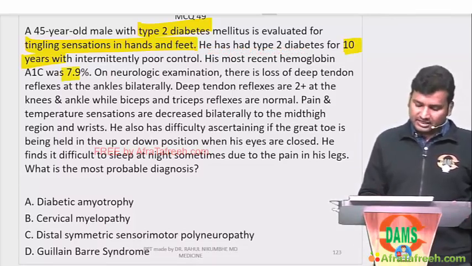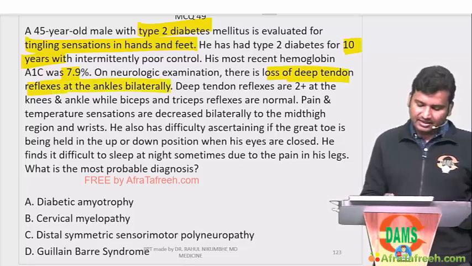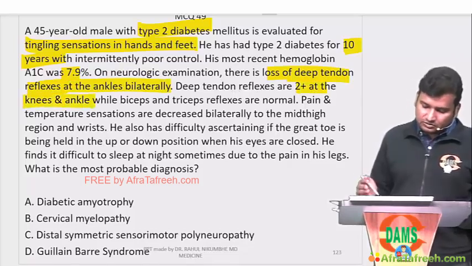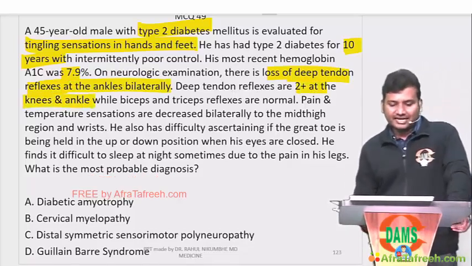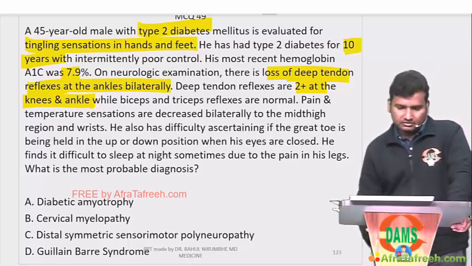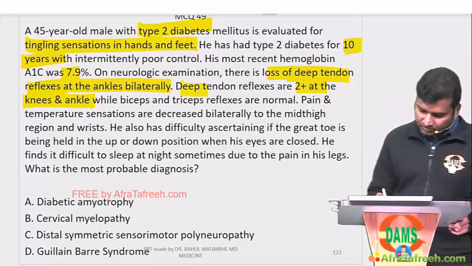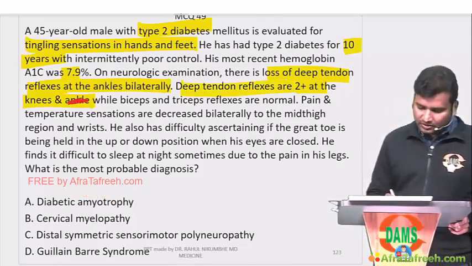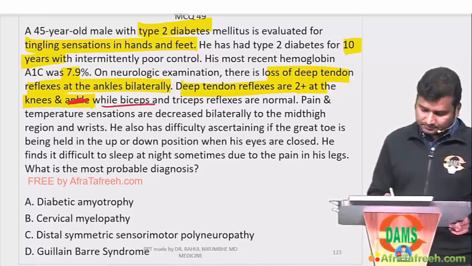On neurologic examination, there is loss of deep tendon reflexes at the ankle bilaterally. Deep tendon reflexes are 2 plus at the knees, not ankle, while biceps and triceps reflexes are normal.